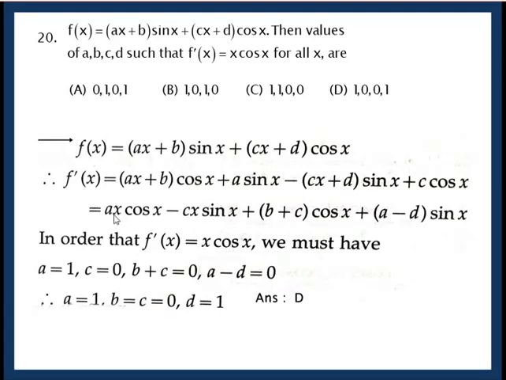Because x cos x means 1 into x cos x. c has to be 0 because we do not want this term. Similarly, b plus c has to be 0 and a minus d has to be 0. So if you solve, because we know the values of a and c, so we can find the values of b and d. So the correct option is values of a, b, c, d are 1, 0, 0, 1. So the correct option is D, Delhi.